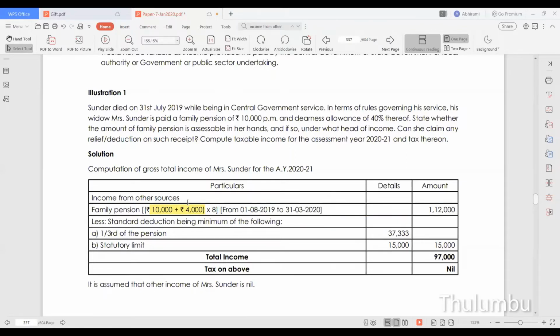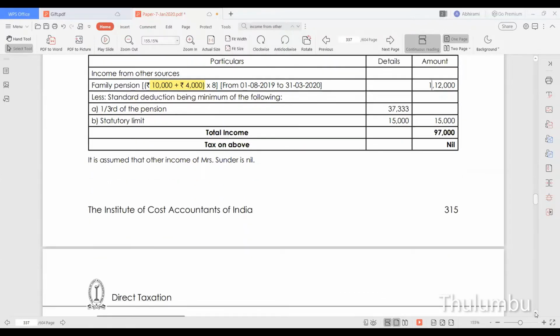The total amount received is 1,12,000, less standard deduction: 1/3 of the pension amount or 15,000, whichever is less. 1/3 of the amount is 37,000, the statutory limit is 15,000, whichever is less, so 15,000. After reducing, the taxable income is 97,000.